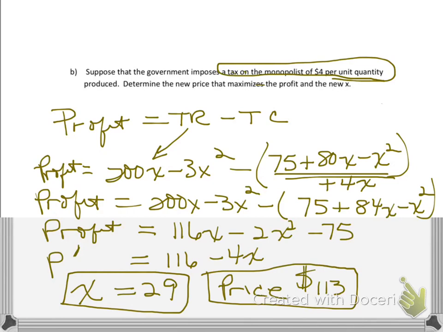Now it's $113. So that's how you incorporate a tax. You view it as another cost, and then that's how the monopolist is going to view it, and he's going to react accordingly. So that's the end of the review. So go back and listen to whatever you need to listen to make sure you can master this test.